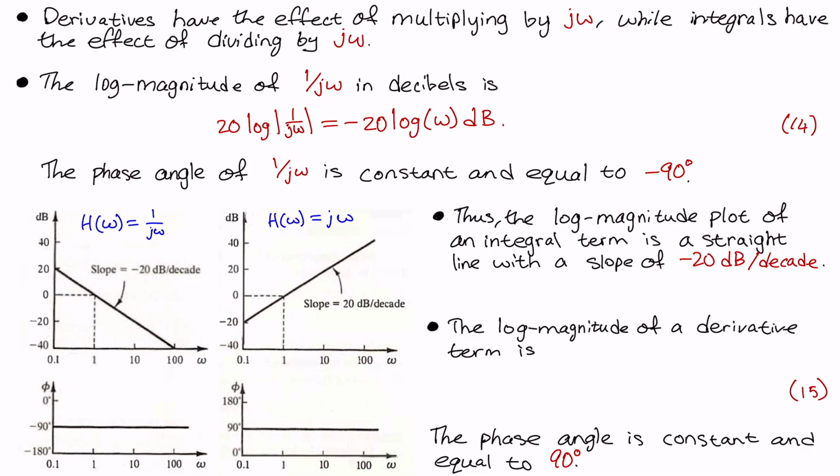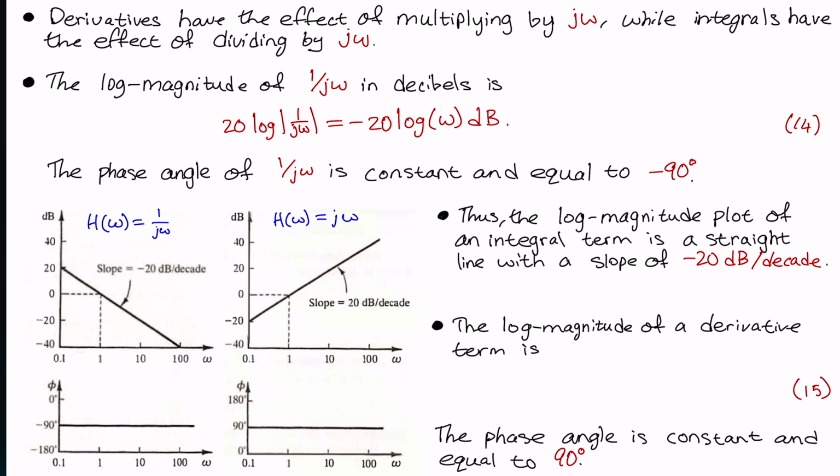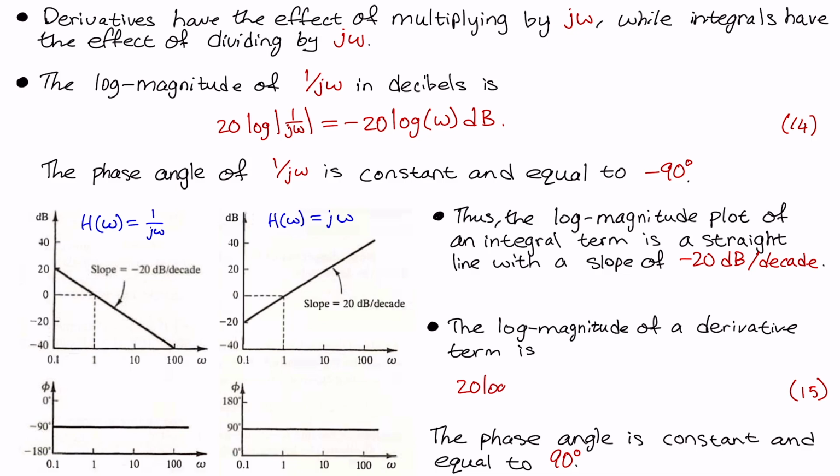To the right of that, we have the corresponding curve for a derivative term, which we're going to write out right now. So the log magnitude of a derivative term is going to be 20 times log of the absolute value of j omega, and this is simply going to end up being equal to 20 times the log of omega in dB.